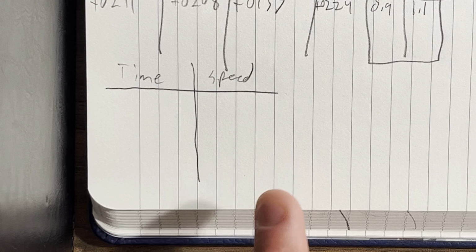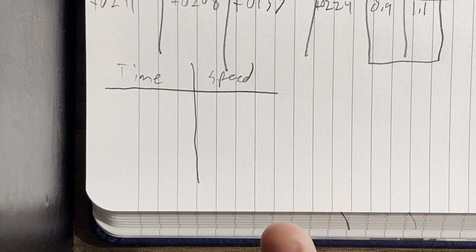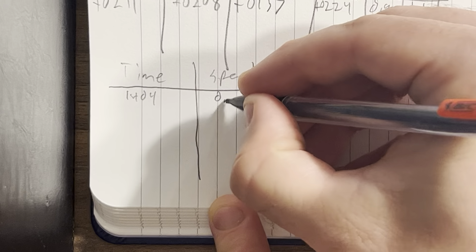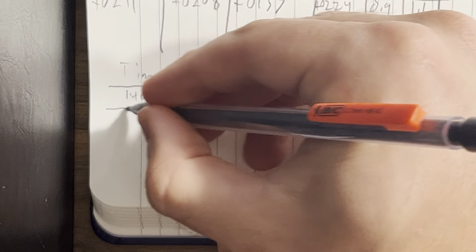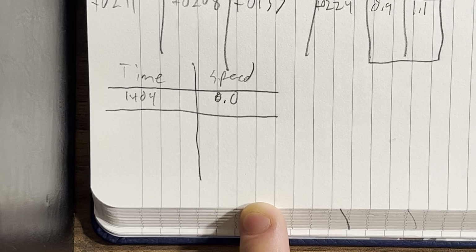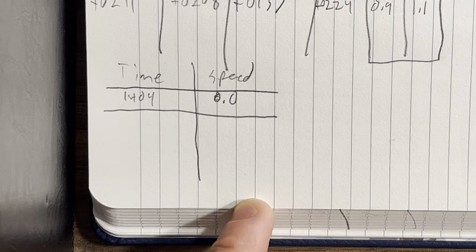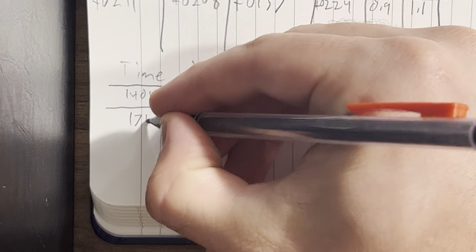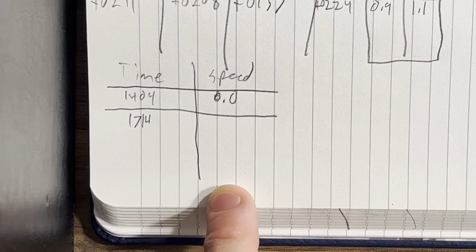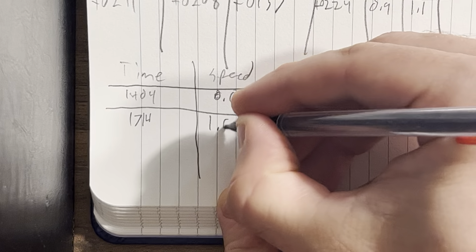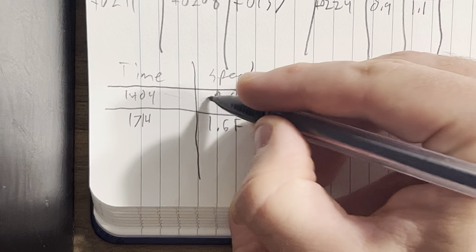What did I say, 1404? Yeah. 1404, it is a speed of 0. Then at 1714, we have a speed of 1.6, and it is a flood current, making this a minimum before a flood.